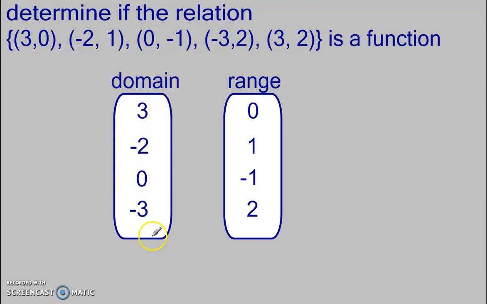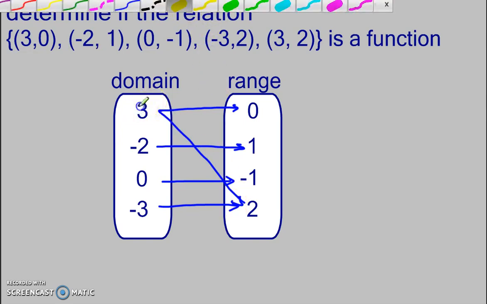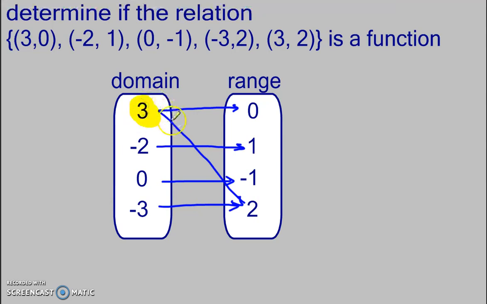If I were to look at it on a mapping, I have 3 with 0, negative 2 with 1, 0 with negative 1, negative 3 with 2, and then 3 is also with 2. Notice right here, 3 is paired with 2 values.